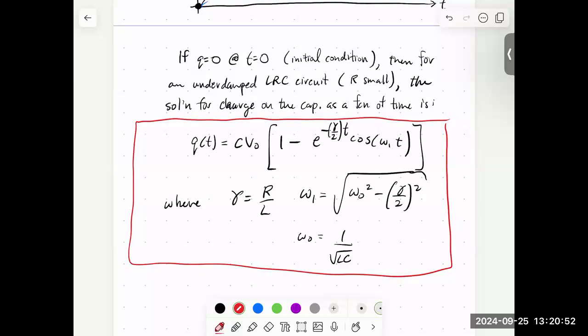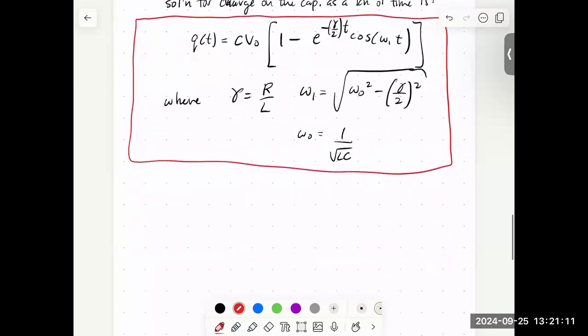So what you're going to measure is not directly the charge on the capacitor. We'll measure the voltage across the resistor, which is I times R. If I want to know the current, I would have to take the derivative of this charge, and that's exactly what we're going to do.